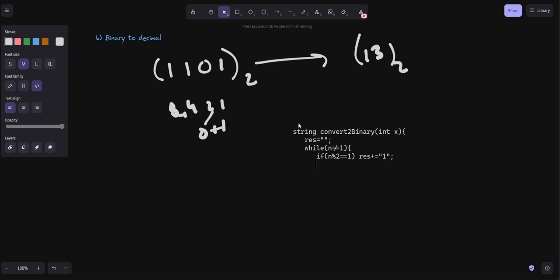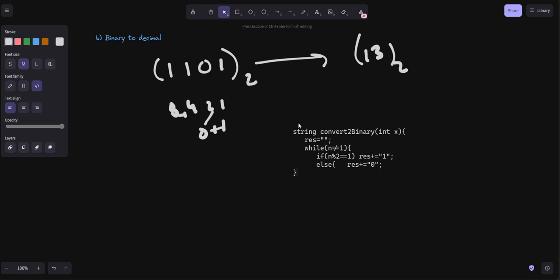Again, I'm treating the binary digits as a string here. And else, you can just make res plus 0, as 0.